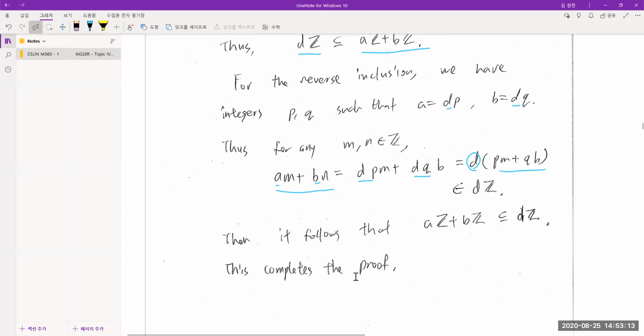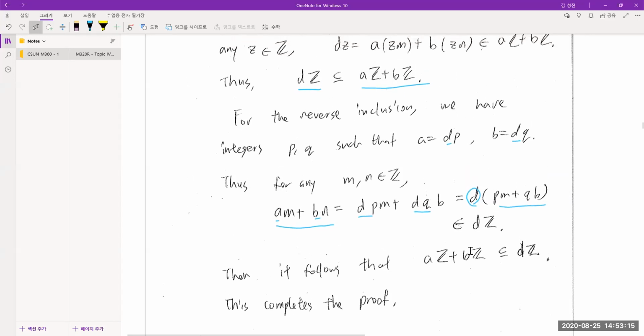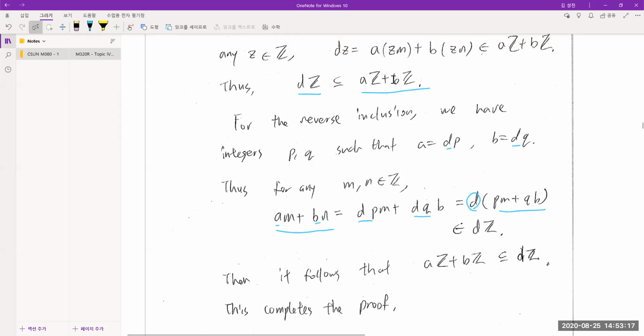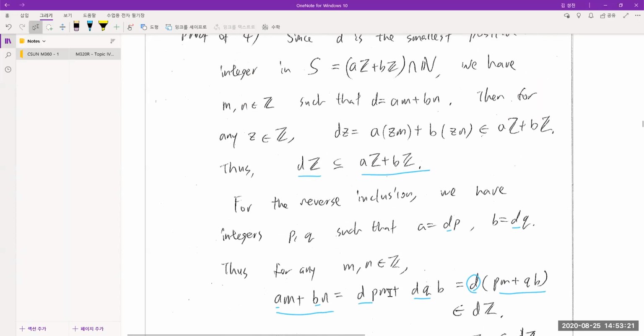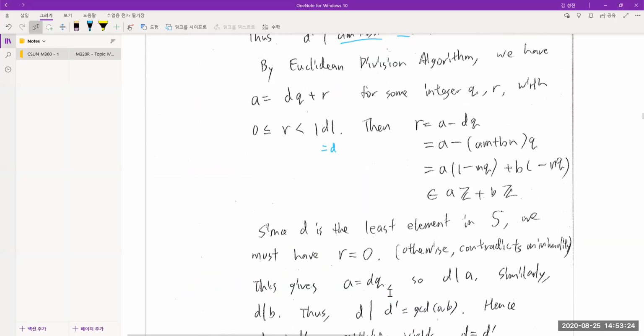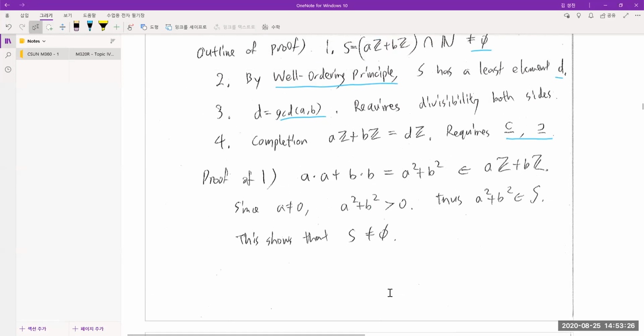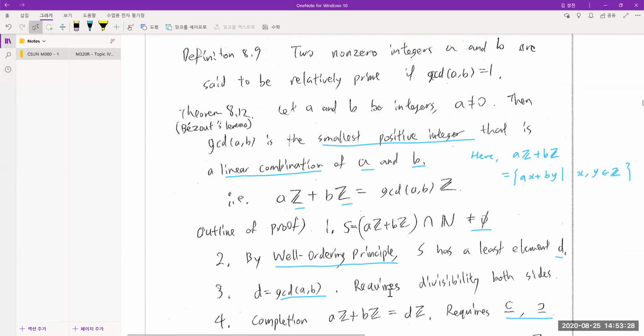So we have completed the set equality between the dZ and the aZ plus bZ. All right, so the proof is completed. Now, up to here, the GCD exists and the integer linear combination equals multiples of the GCD.